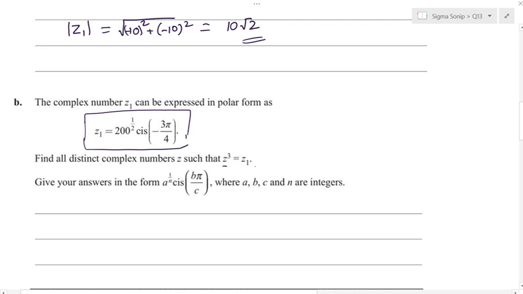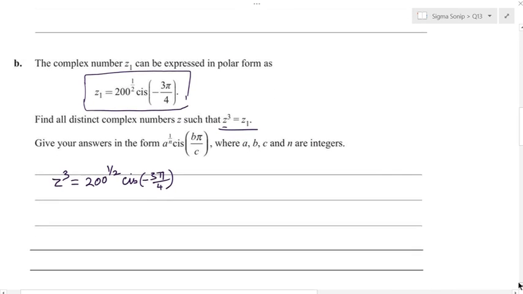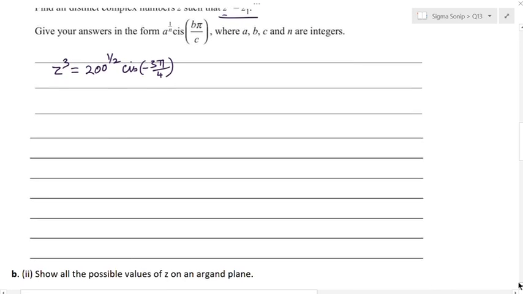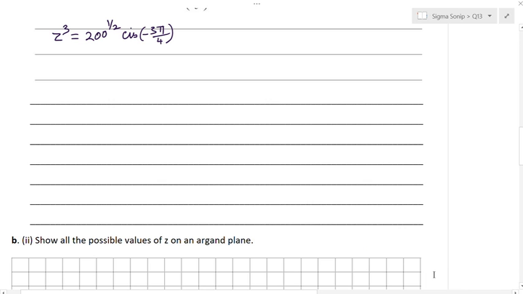So what is given is that Z cube is equal to Z1, which is 200 to the power 1 over 2 cis minus 3 pi over 4. Okay, all we need to do is solve this equation so that we get the values of Z which satisfy this equation.